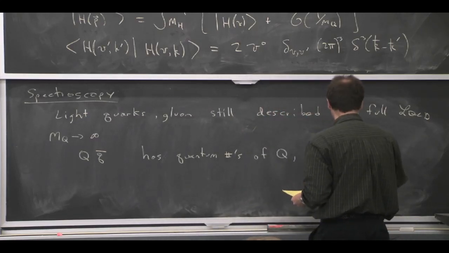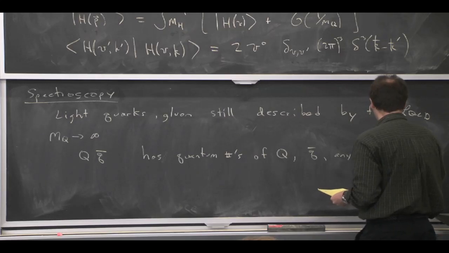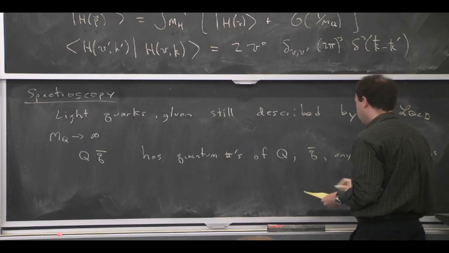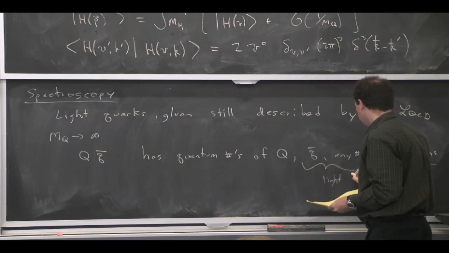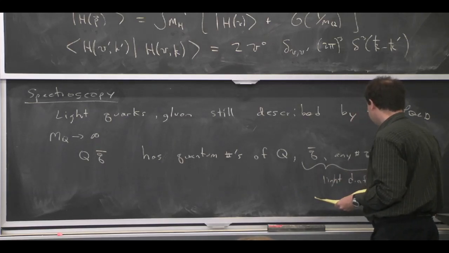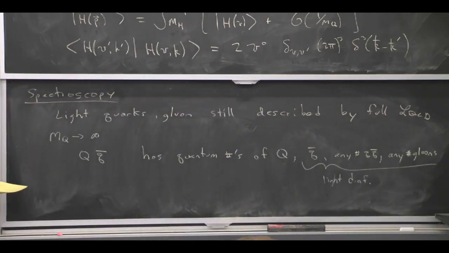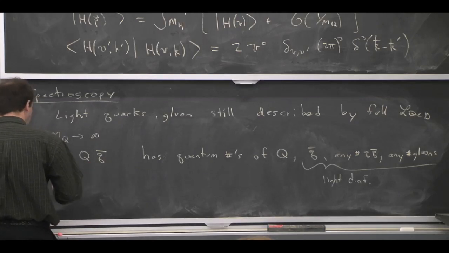It could be any number of QQ bar pairs, because we don't know how many are there. We have non-perturbative interactions. And it could have any number of gluons. And generically, we call this stuff light degrees of freedom, because that's what it is. This is heavy, this is light. And it's just a bunch of light stuff. OK, so that's kind of how we can think of the state.